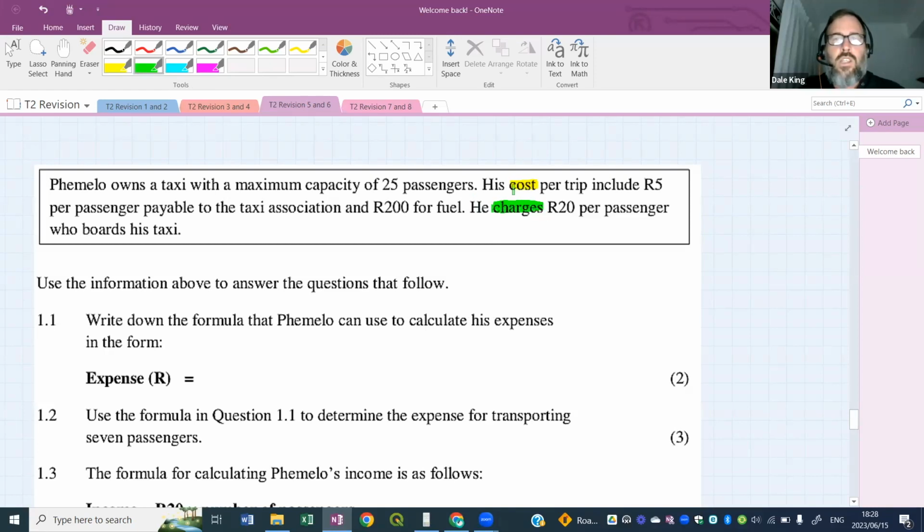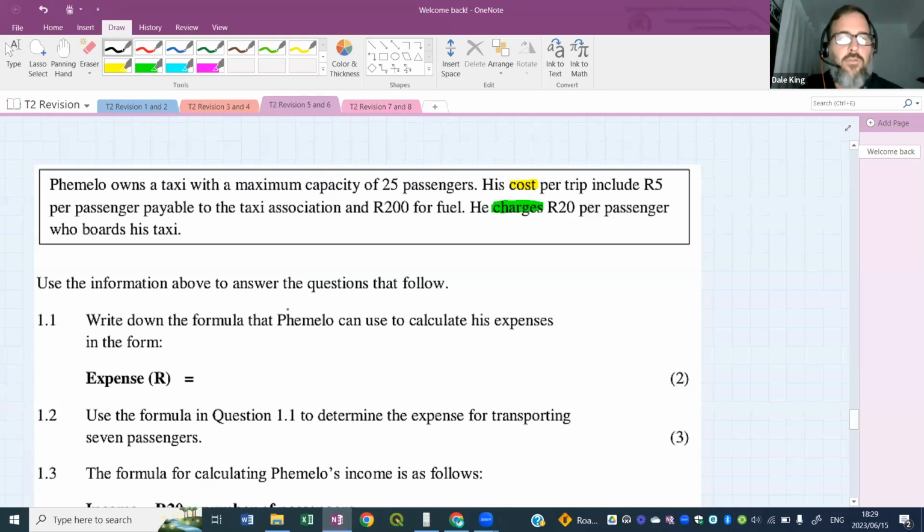So he's paying out of his pocket costs for the trip, and he receives money from his passengers as well. So that talks to me about money that's going out, that he's paying, and money that's coming back in. Like income and expenses, that's what this is talking about. But let's see what the question says.